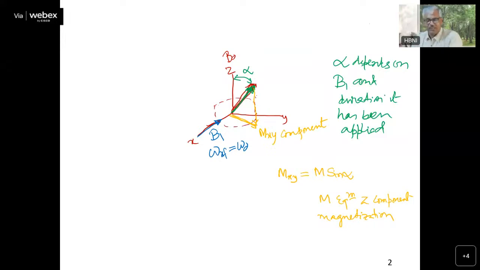Okay, now if you see, under these conditions there are three components rotating.